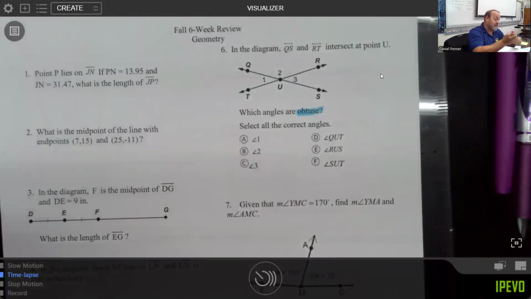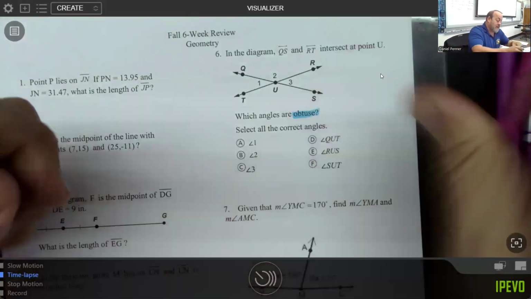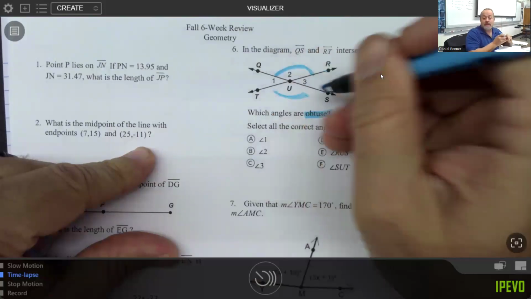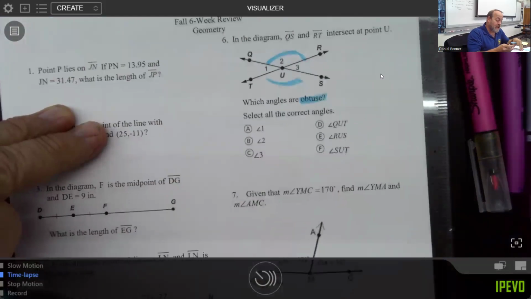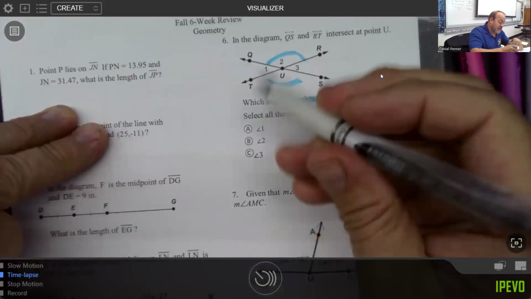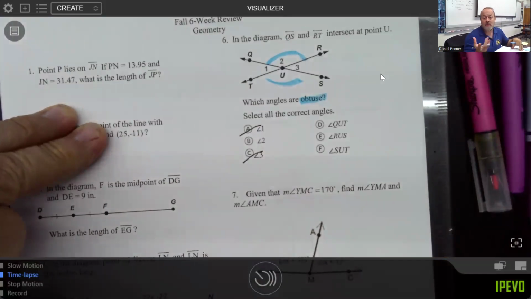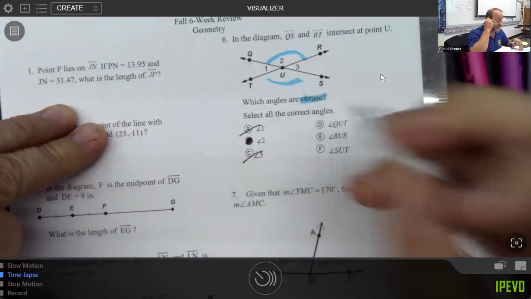The two angles that appear to be above 90 degrees are this one up here and this one down here, because the angles on this side appear to be acute. They're small. So I would immediately reject angles 1 and 3, because those appear to be acute angles. And I do believe that angle 2 would be a valid answer to that question.